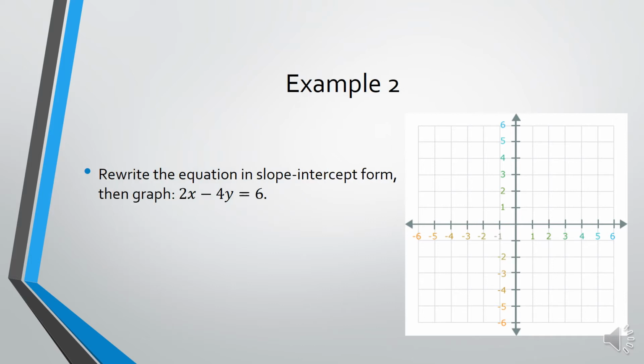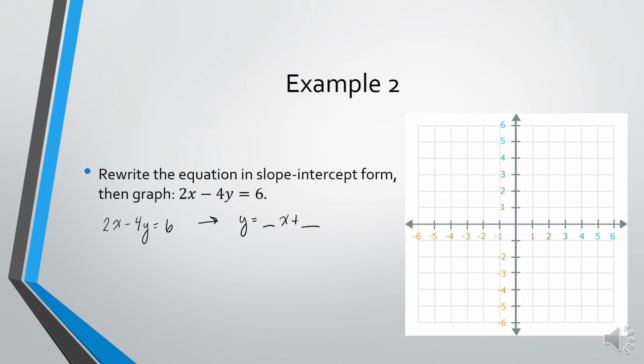Next, let's rewrite the equation in slope-intercept form and then graph it. Our equation currently is 2x minus 4y equals 6. So what I want to do is rearrange this to get it of the form y equals something times x plus some b. So we want to get y by itself.